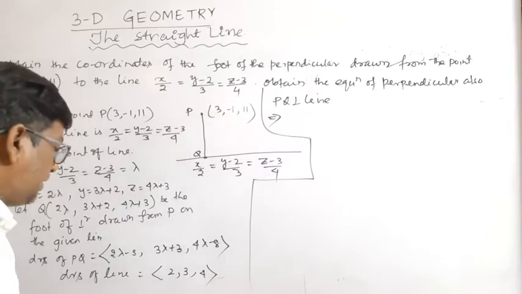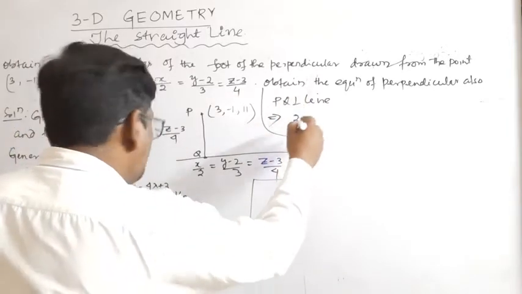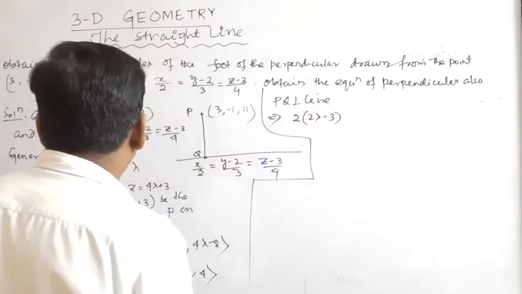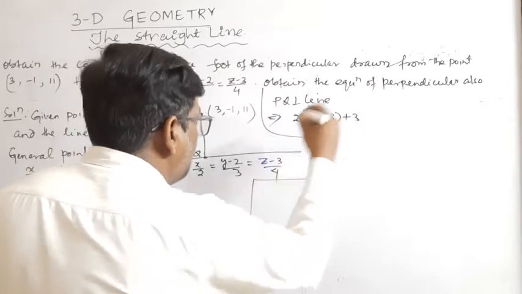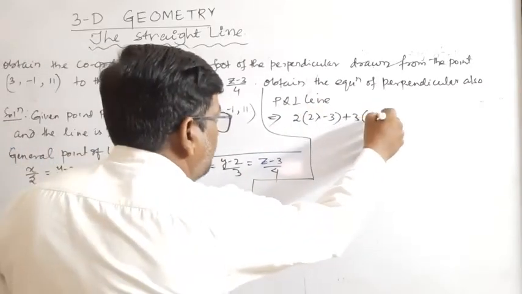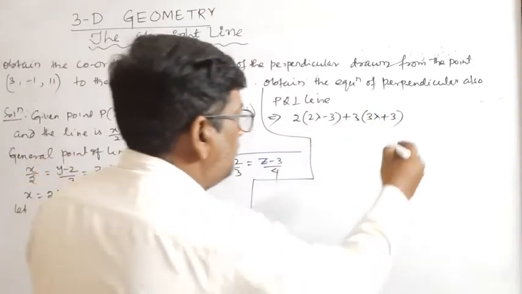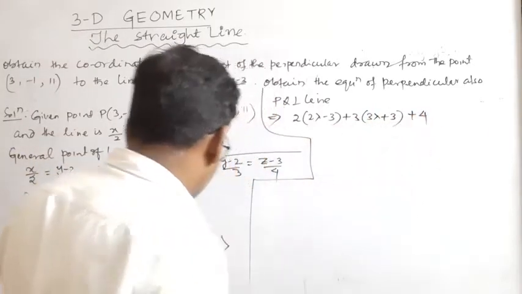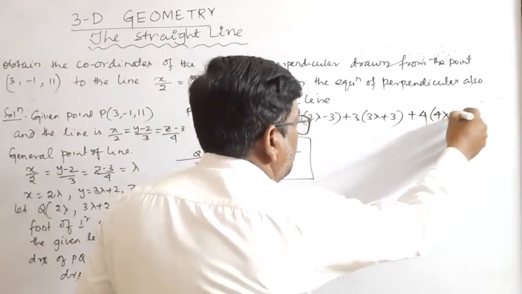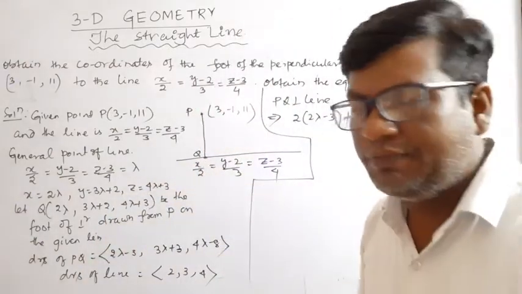So apply the condition for perpendicular: 2 into (2 lambda - 3) + 3 into (3 lambda + 3) + 4 into (4 lambda - 8) = 0. Solving this, we can find the value of lambda.